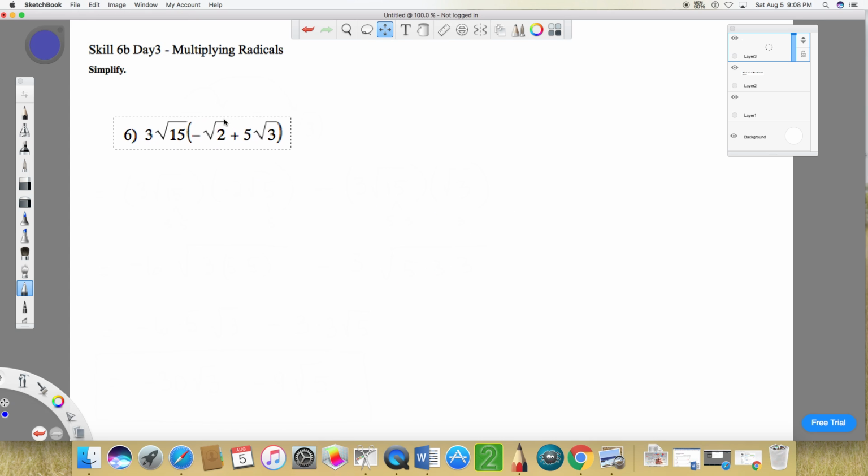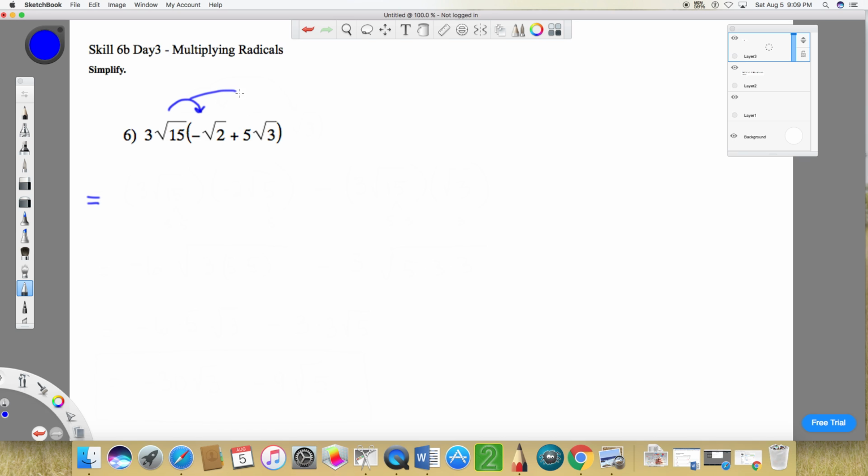So the idea is beginning to get repetitive, kind of a repeat, which is good. When you begin to recognize that it's repetitive, that the only thing that's changing is just the numbers, then you know you're understanding how to get the right answer. You just have to do the arithmetic. In this first factor, don't lose that coefficient. This factor gets multiplied by the first term in the binomial.